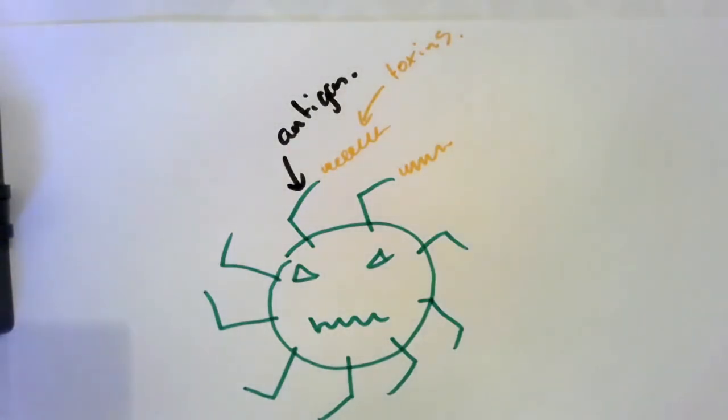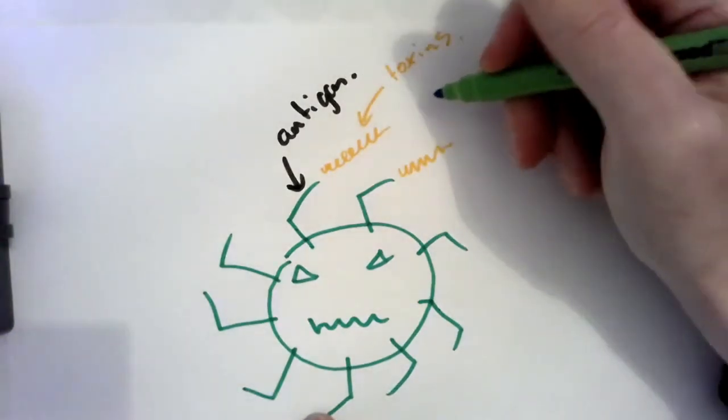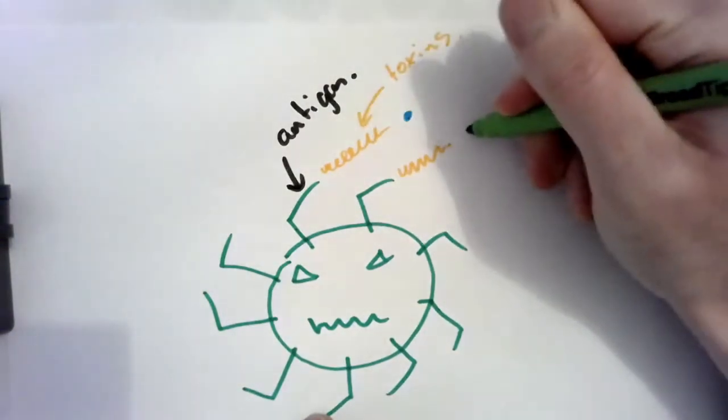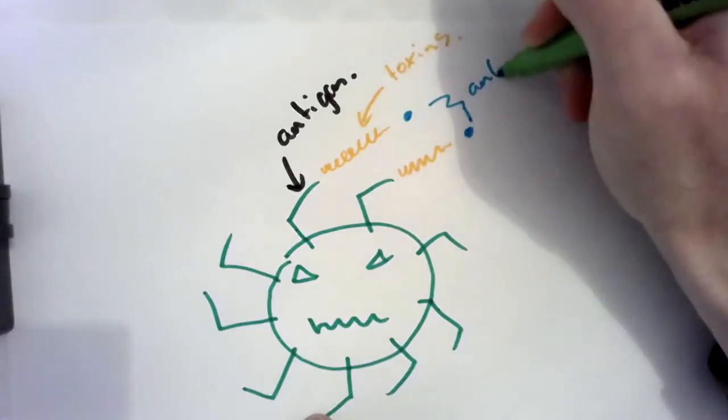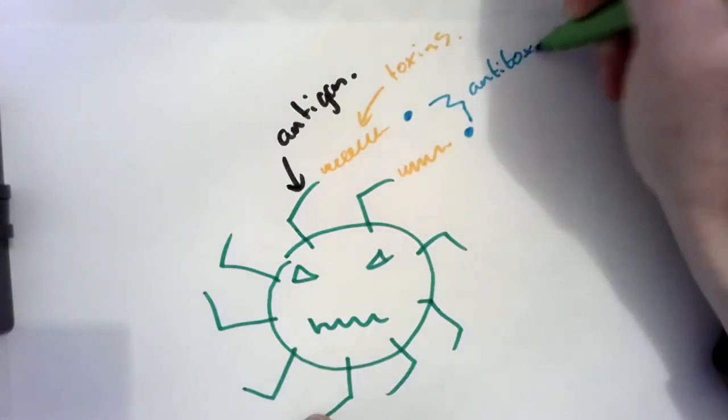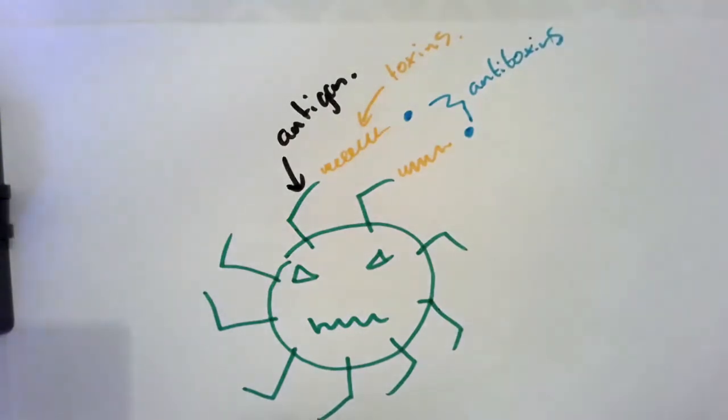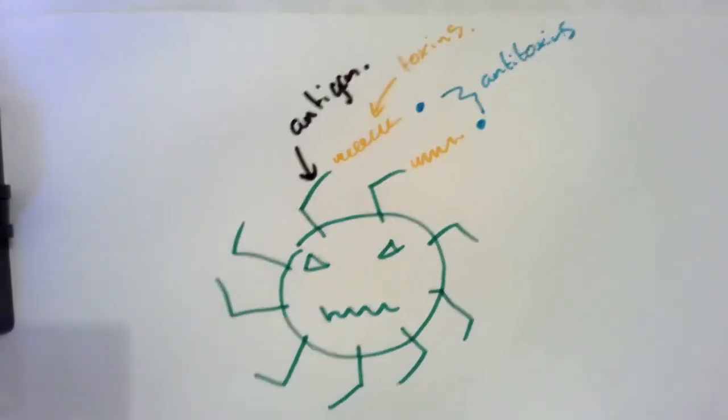Your body, to fight those toxins, releases something called antitoxins, which we just looked at, which make you feel a bit better. They counter the effect of that, and that improves your symptoms, but it doesn't actually help fight the pathogen itself.